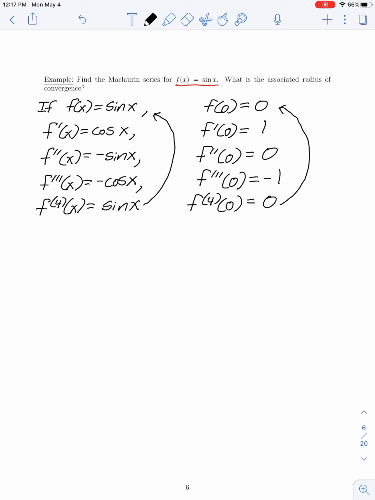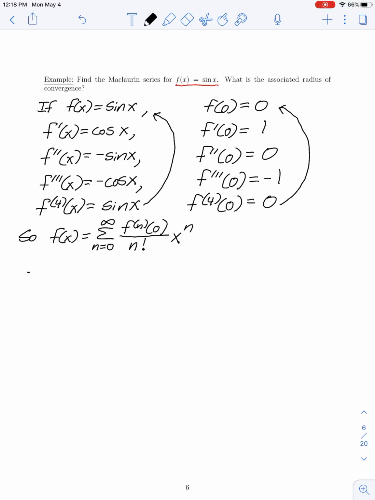So let's see if we can write out an expression for this Maclaurin series for sine of x. Recall the general formula for our Maclaurin series: f of x is the sum from n equals 0 to infinity of the nth derivative of our function at 0 over n factorial times x to the nth power.